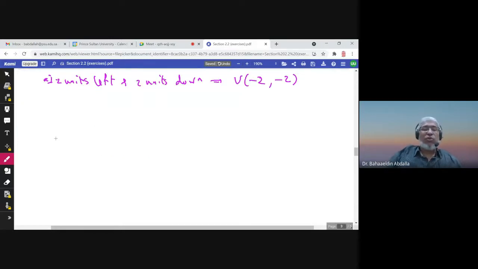So what would be the graph of this parabola? Well, negative 2 and negative 2. So you took the graph x squared, 2 units left, 2 units down, and then you graph the parabola.